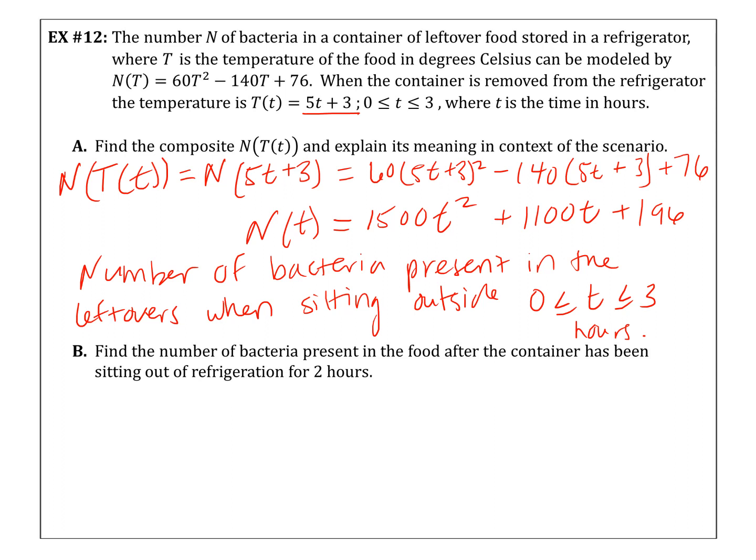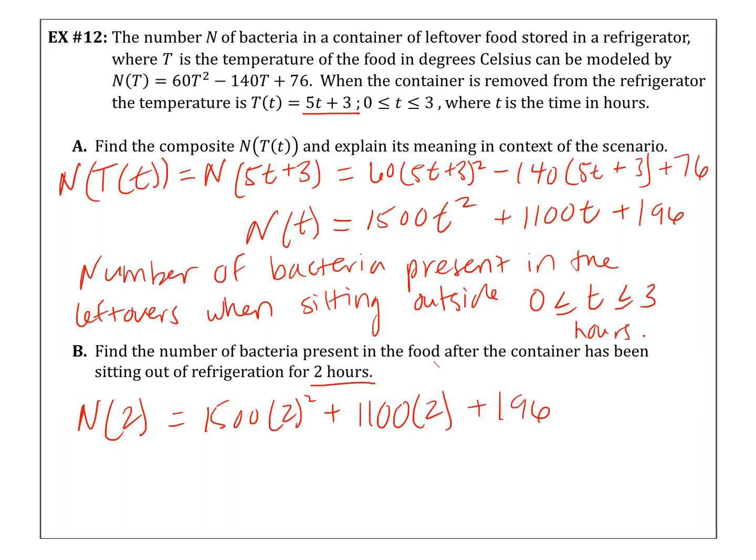Okay, so it says now, can I use this to find the number of bacteria present in the food after the container has been sitting out of refrigeration for 2 hours? Yeah, so I'm looking for N of t. So N, and my t is 2, so N of 2 equals 1,500 times 2 squared plus 1,100 times 2 plus 196.